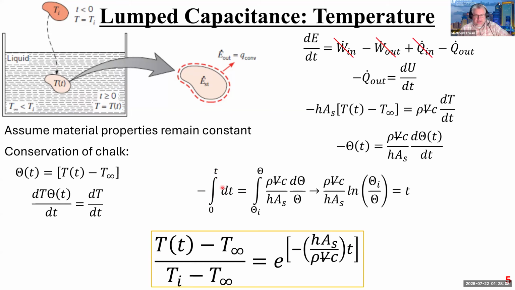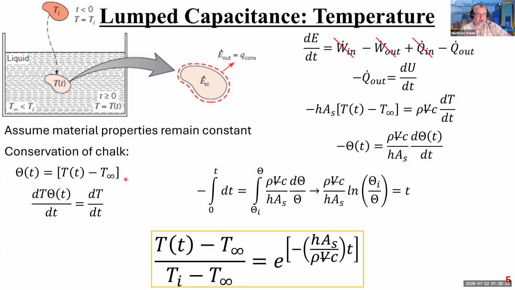So that's this integral. And remember, because the integrand here is theta, we're integrating from theta initial to just theta. If I go back and remind myself what theta was, theta initial is whatever the initial temperature of the object is right before it got quenched.